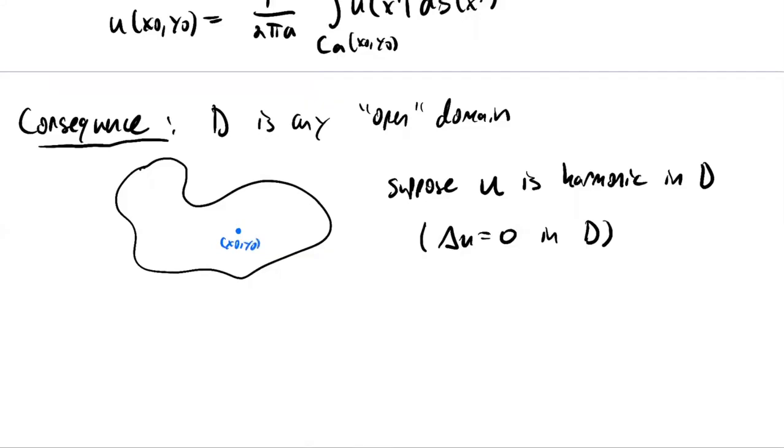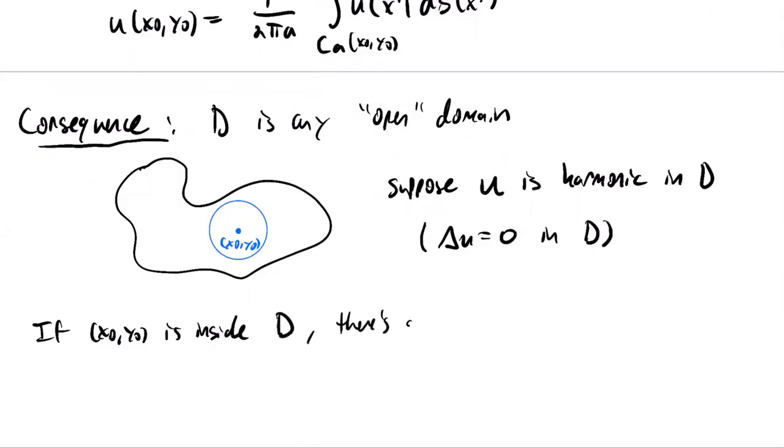If we pick a point in this domain, we can always fit some disk that's still inside the domain, right? So if x naught, y naught is inside our domain D, there's some a bigger than 0 such that the disk of radius a centered at this point is contained inside the domain.